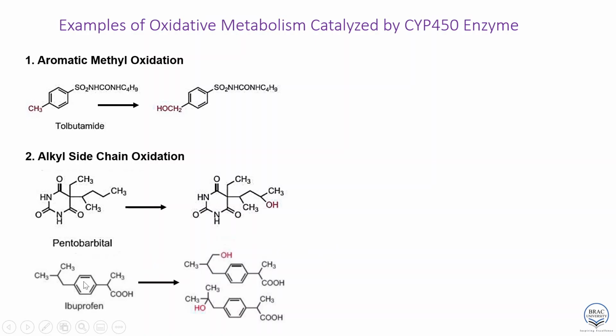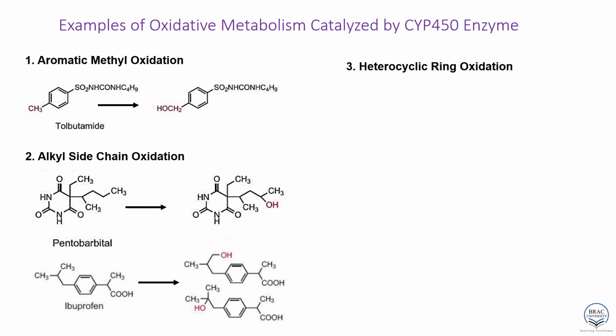Here you can see the aromatic ring, and the alkyl side chain here. Ibuprofen has two positions on the side chain that can be oxidized: one is this carbon and the other is this carbon. Both carbons are susceptible to oxidation. In both, a hydroxyl group is added, so oxidation has occurred.